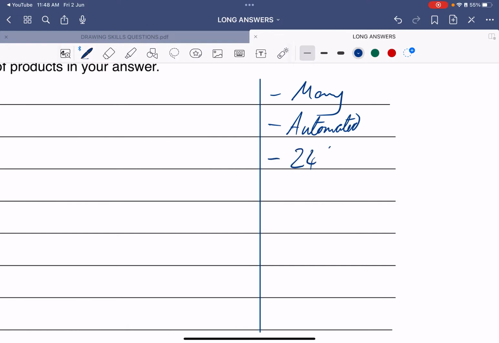It means 24/7 manufacturing. It means processes like injection molding. An example product you could give for this would be anything really that's been made out of plastic. I mean, you could even say like phone cases or something.